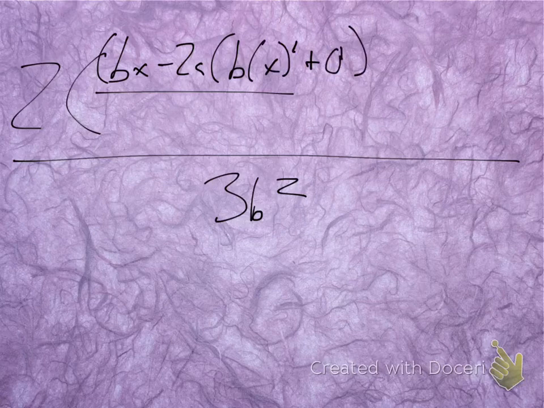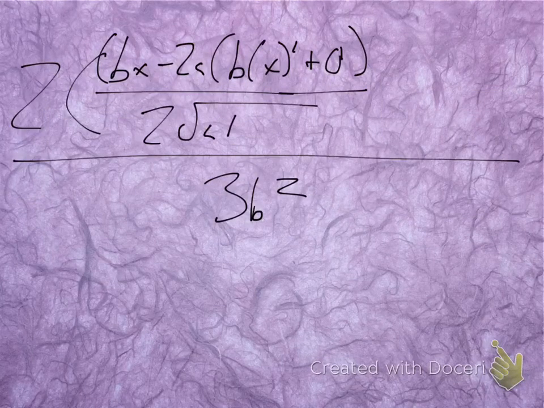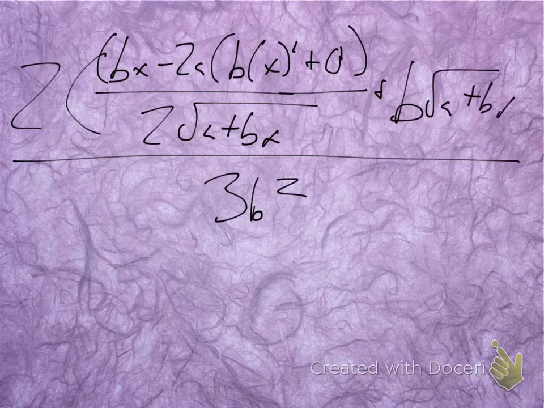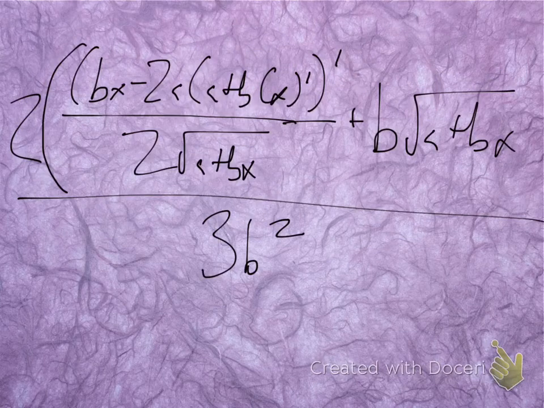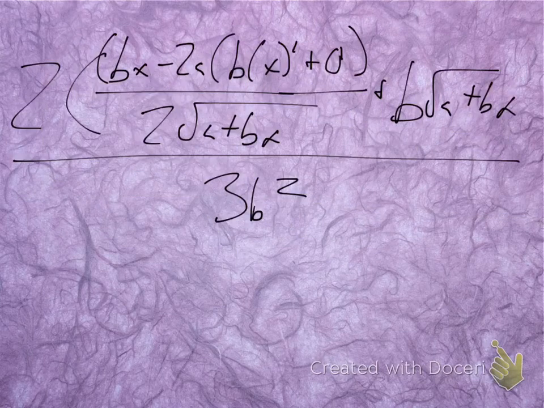Nice. Okay, that's good. On the bottom with 2 rad a plus bx plus b rad a plus bx, I think. Yep, I should be having this pretty well memorized at this point. On like our 50th screen, I think. Probably actually screen number 12.